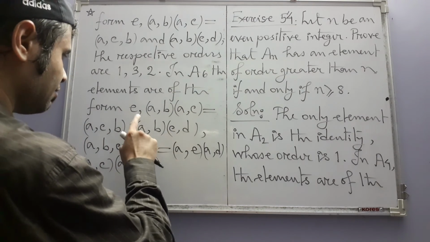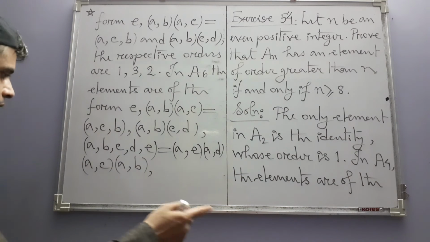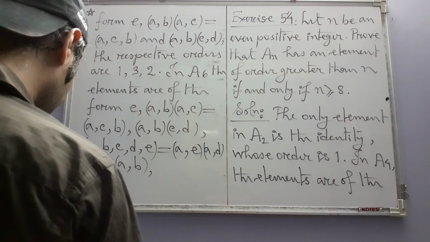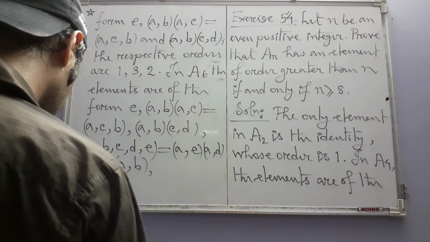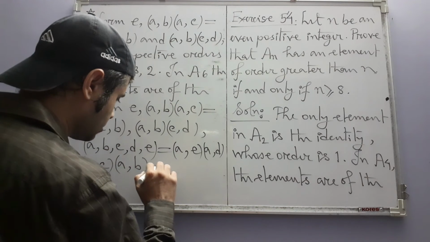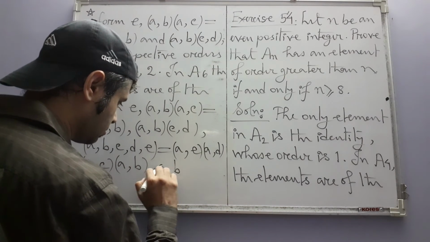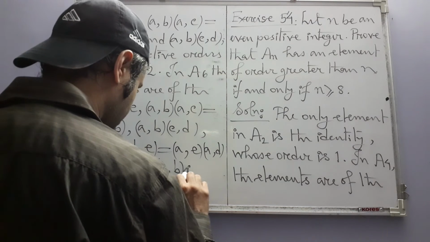Then here we have 2 plus 2 plus 1 plus 1. Here we have 5 plus 1. So what else can be there? Oh yes, the product of a 2 cycle and a 4 cycle.